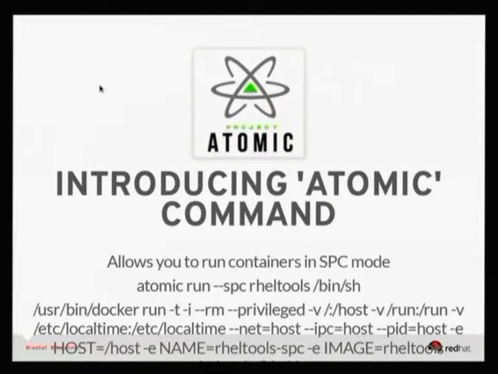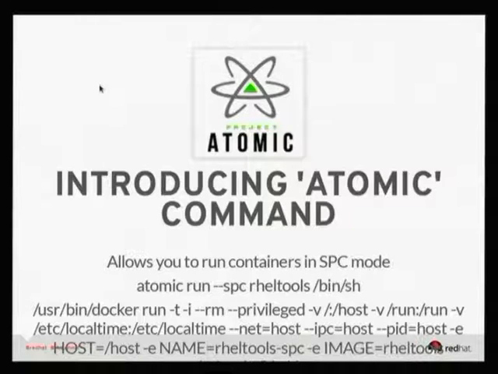So we're introducing a new atomic command. Yeah, these slides are really not scaling well. Atomic allows you to run a container in SPC mode, or super privileged container mode. So just with the atomic command, if you run atomic run --spc rhel-tools /bin/sh, it's going to actually exec that huge line.